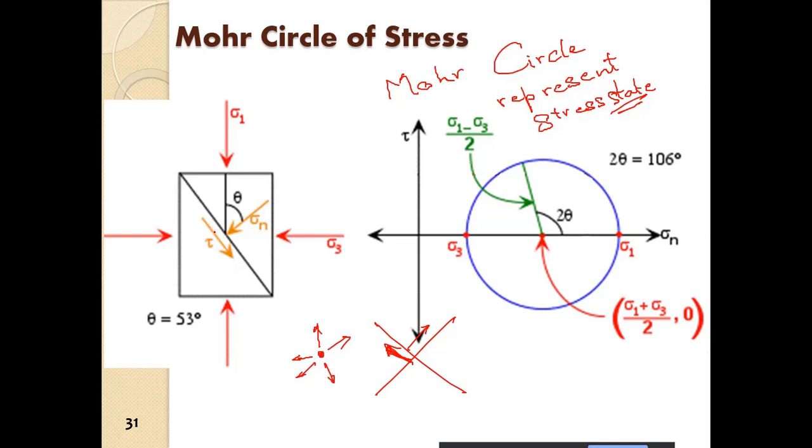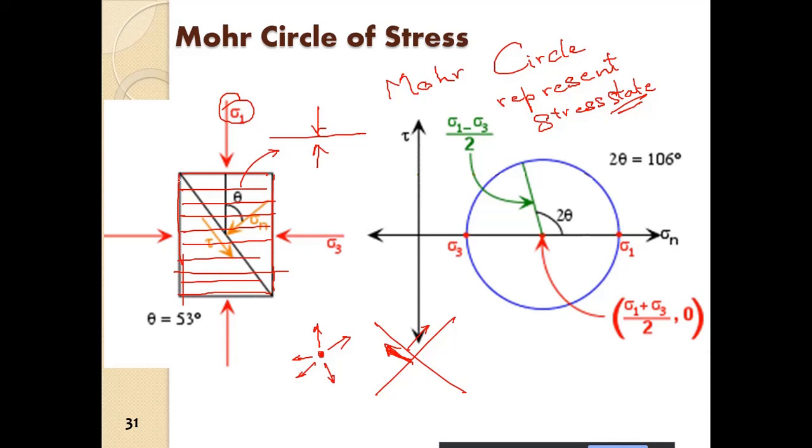With stress, what happens is that we have a solid object, or a solid element. On this solid element, on all planes which are parallel to this plane, we have sigma 1 acting. So if we consider this plane, sigma 1 is acting on top and sigma 1 is acting on the bottom.